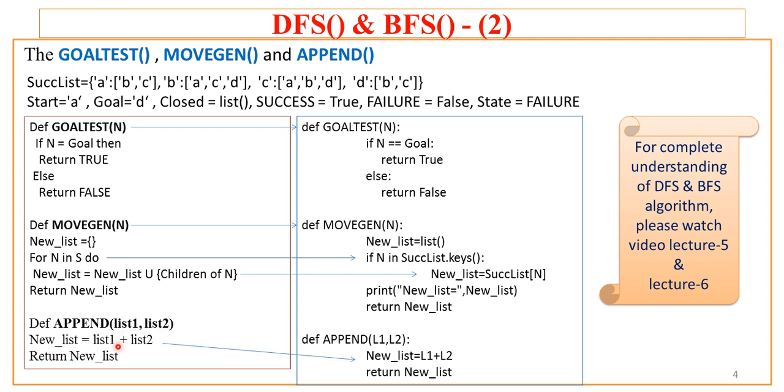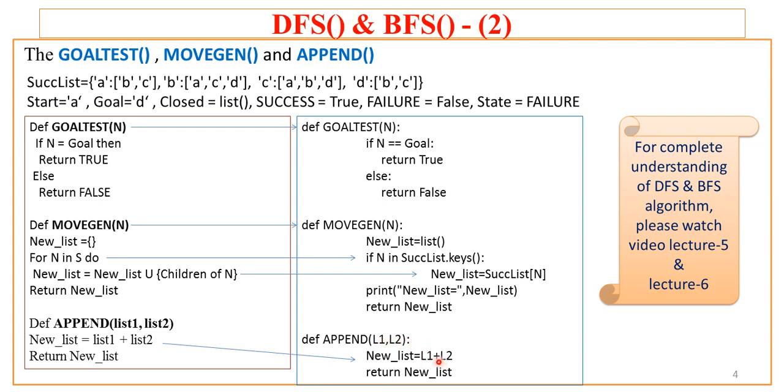Now the append function is very simple. It takes two arguments, that is list1 and list2. It appends them, stores the result in new list, and returns the new list to the main algorithm. Here we have an implementation of this append in a very simple way.